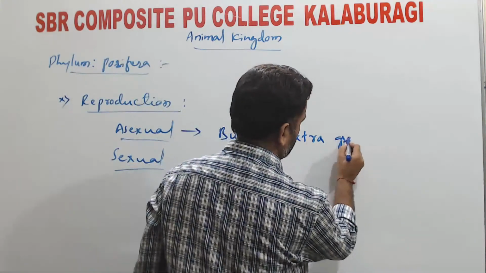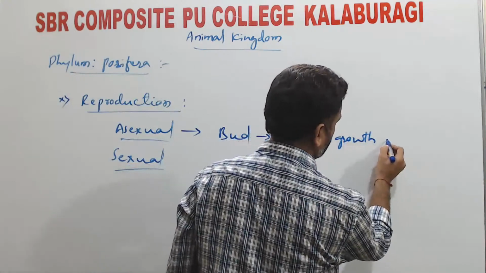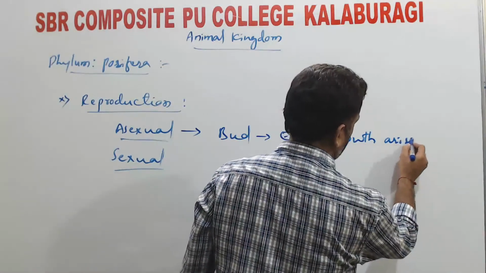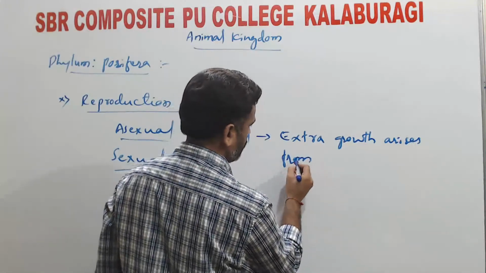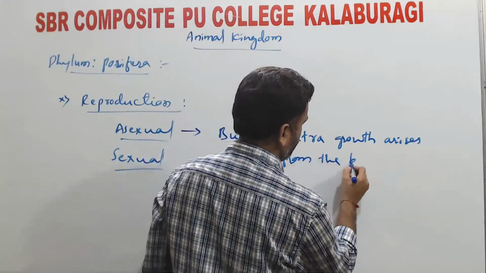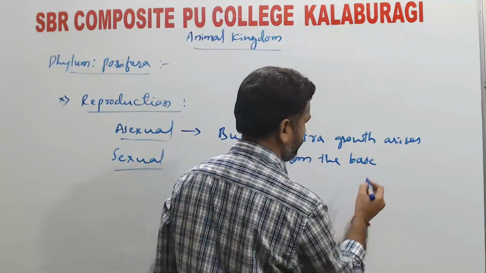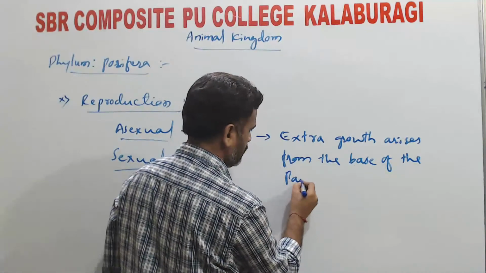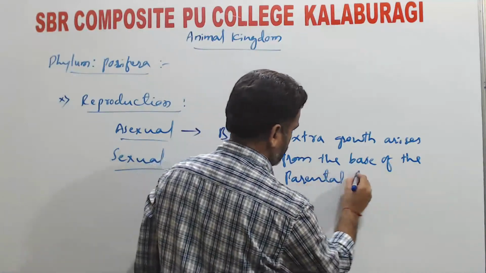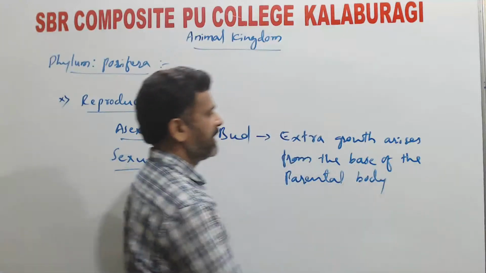The extra growth arises from the base of the parental body.